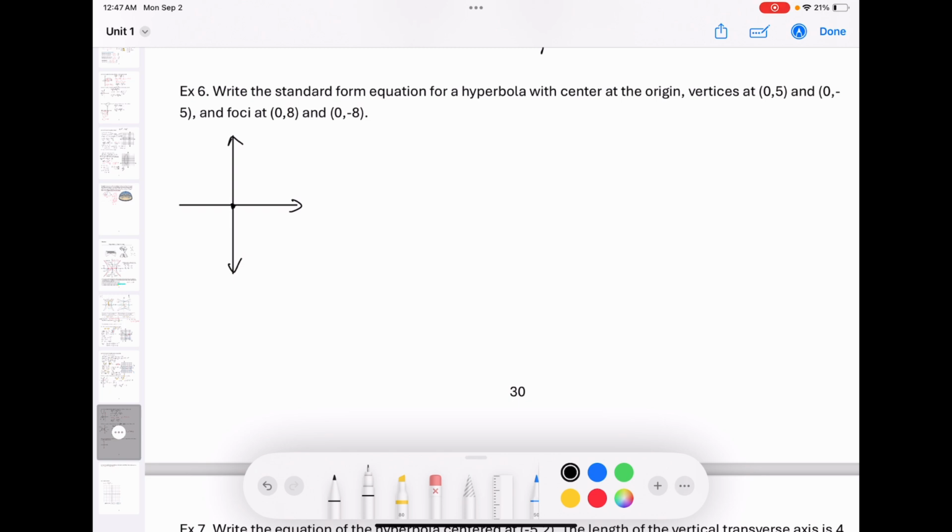The center is at the origin, so h, k is 0, 0. The vertices are (0, 5) and (0, -5). The foci are (0, 8) and (0, -8). So we can make a sketch.